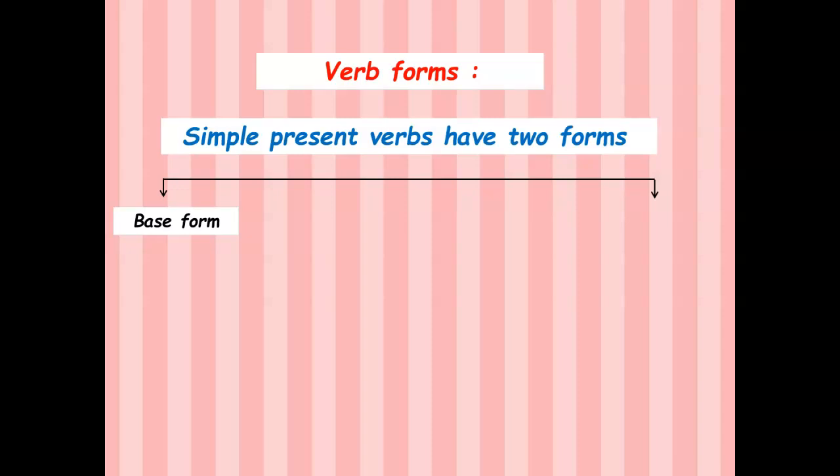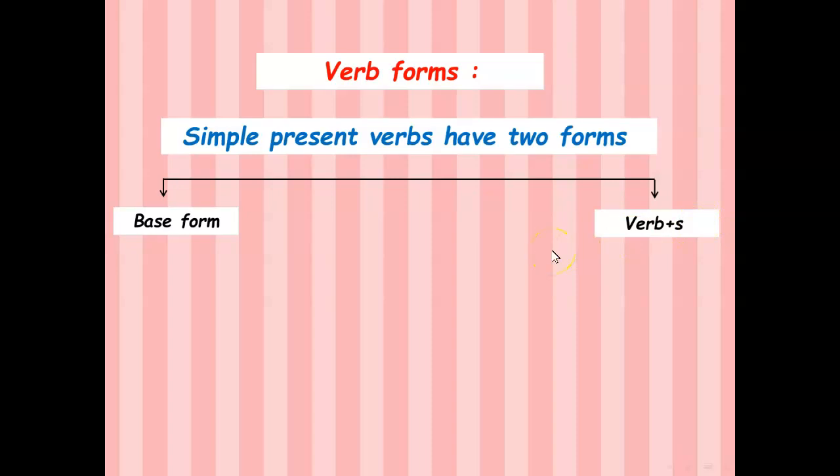We call it base form or infinitive form. The second form is the verb plus s. So simple present verbs have two forms. The first form is base form and the second form is verb plus s.